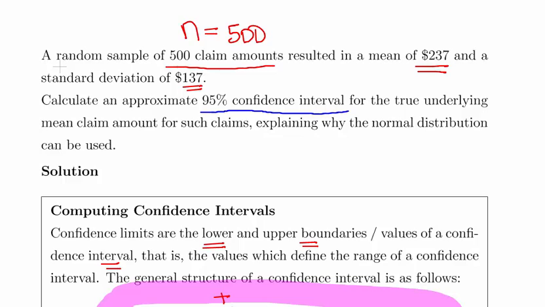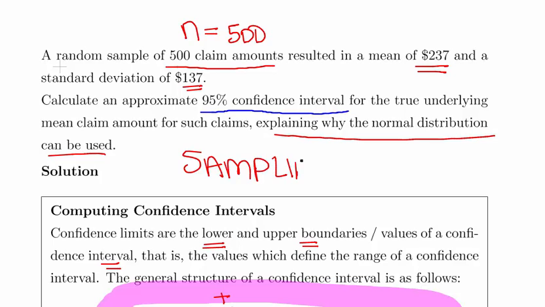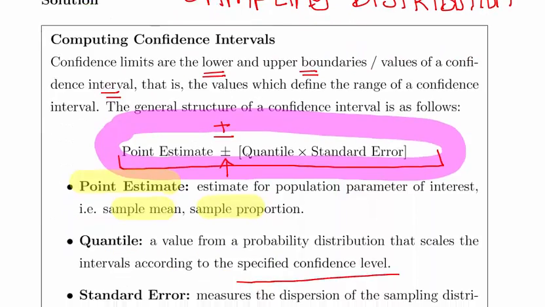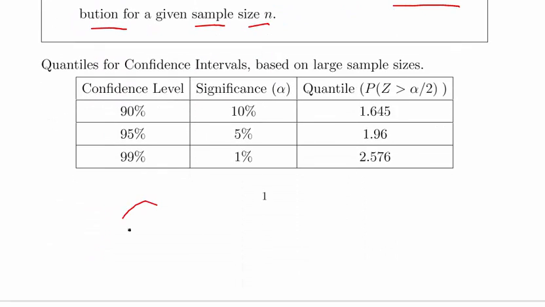So this part here, I'm not going to spend so much time on, but explaining why the normal distribution can be used. Now this is essentially based on sampling distributions, which is a bit of theory that you should know. And a key thing that you should know here, I'll just write it down, is the central limit theorem.